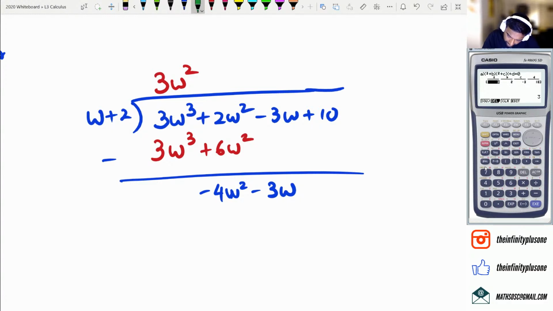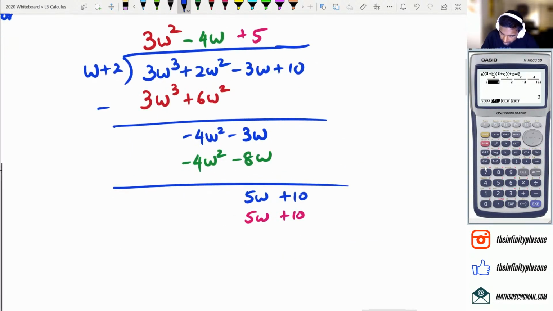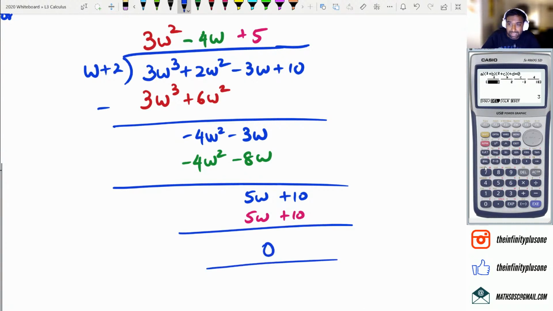In this one, I'm going to multiply by minus 4w, which is minus 4w squared minus 8w. Minus 3, that's going to be 5w plus 10. And I'm going to multiply by plus 5: 5w plus 10. So, long division, yeah, practice, that's all I can say.